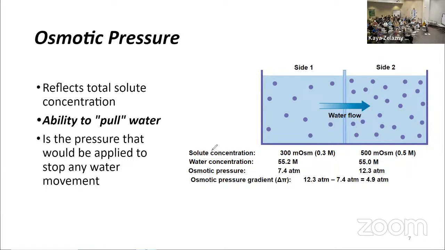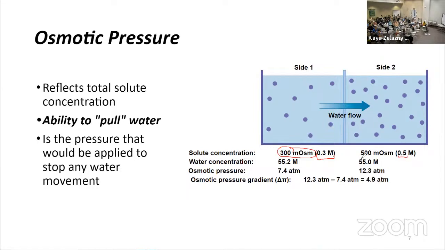So we're thinking about a solution. We're on our first side. We have 0.3 moles of solute over here. This is going to give us our 300 milliosmoles there. Outside, we've changed it a little, right? So now we're going to have 0.5 moles here on side 2.